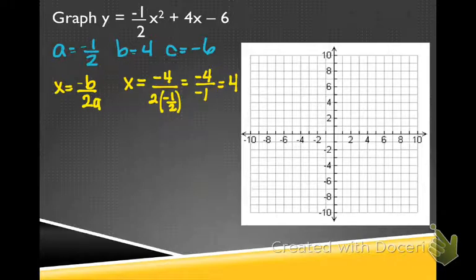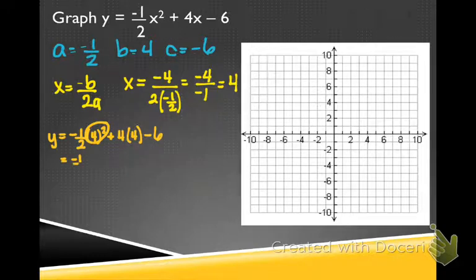Now we have to go back and plug this in to get y. So I'm going to do y is equal to negative 1/2 times 4 squared plus 4 times 4 minus 6. Don't forget, exponents before anything else.